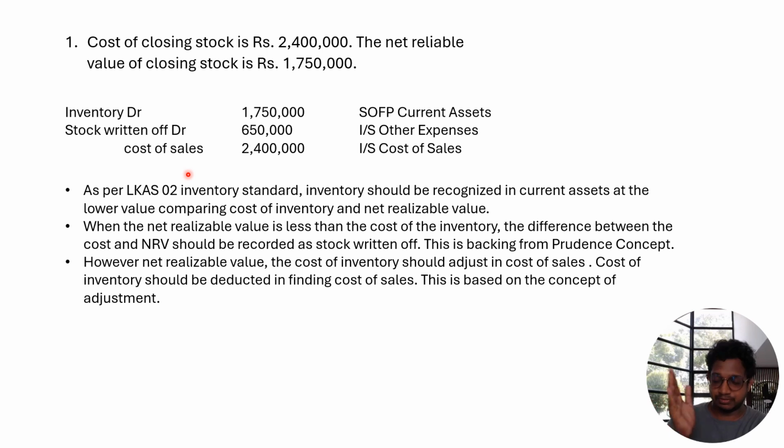Any stock that you purchase with the intention of reselling, but you are not using for your current year sales, you have to deduct when you are finding the cost of sales. That's why you are deducting closing stock, stock damages, stock drawings, stock donations. So that's for adjustment number one.